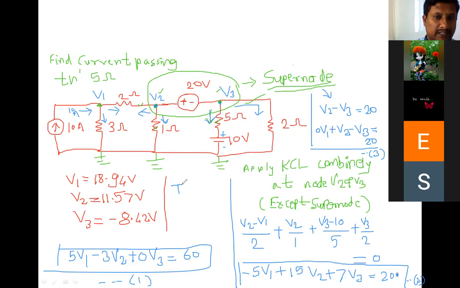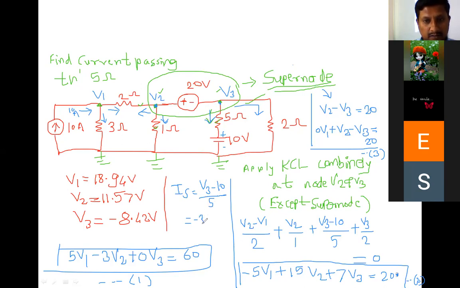So that current I will give the name as I5. काय येणार? V3 minus 10 येणार. V3 minus 10 divided by this resistor, which is 5. So V3 is already negative. That is minus 8.42 minus 10 divided by 5. किती येते current?